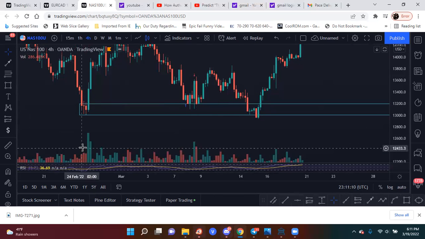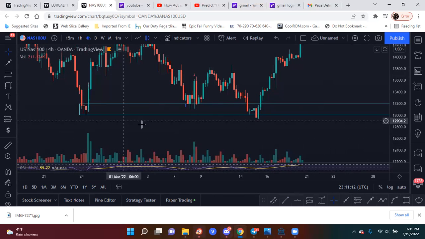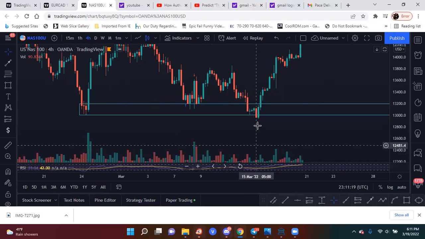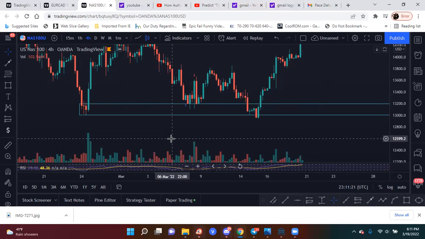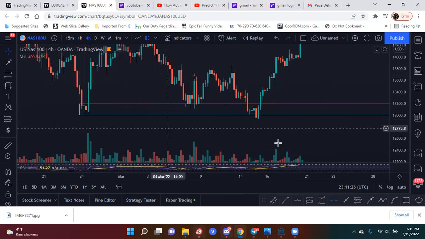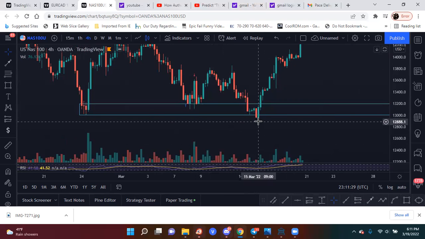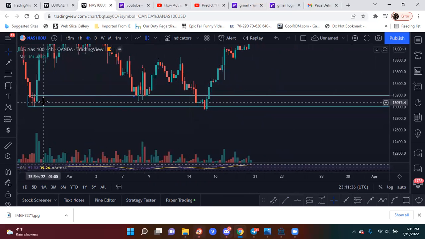You can see with the volume it tells you each time it touches the zone, it gets weaker. Look at the volume right here. Look at the volume right here. Look at the volume right here. This touches this again, it's probably gonna break. The volume's not, but anyways. So this is the third time. That's why it went down into it.